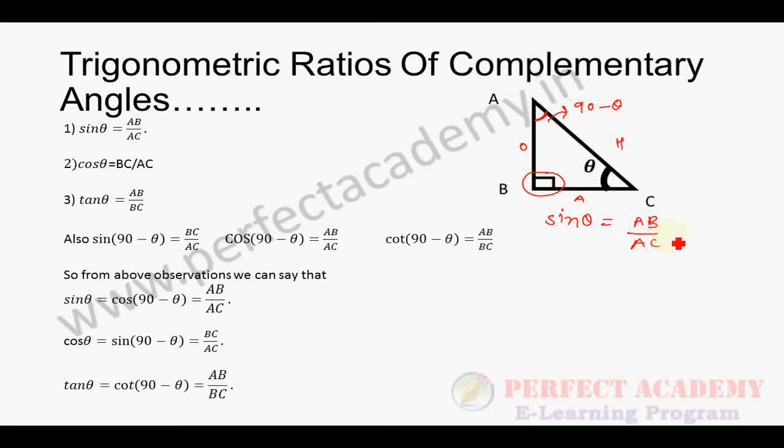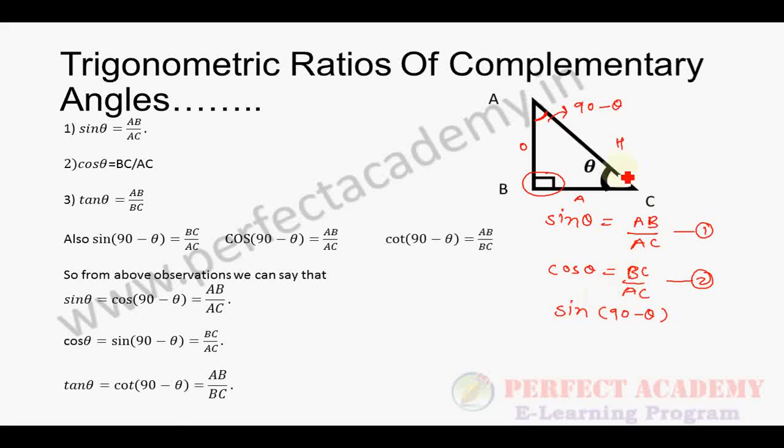So I will call, let us say for now, this equation 1, and cos of theta has to be adjacent by hypotenuse, that is BC by AC, equation number 2. Now let me define sine and cosine for 90 minus theta and see the magic of trigonometry.